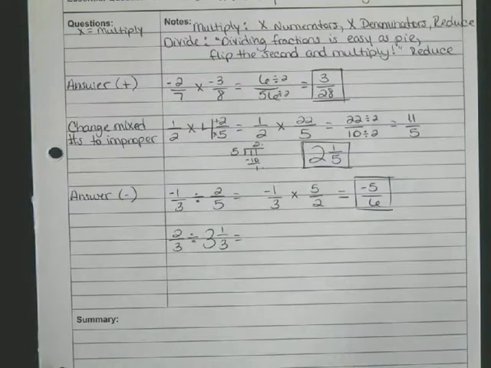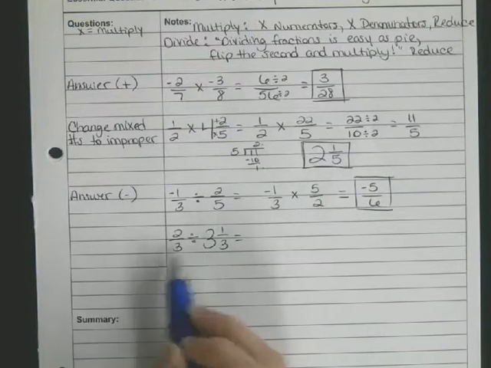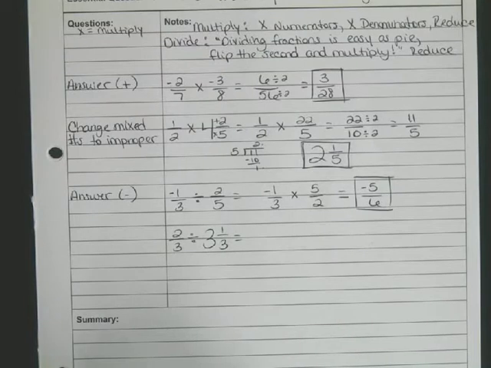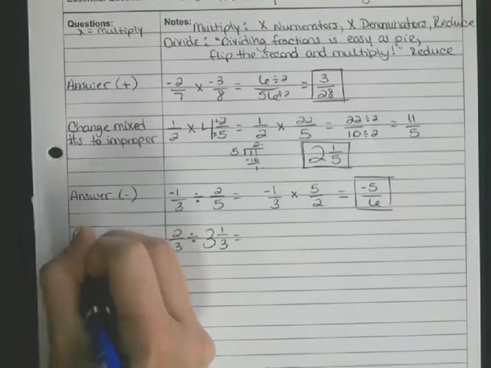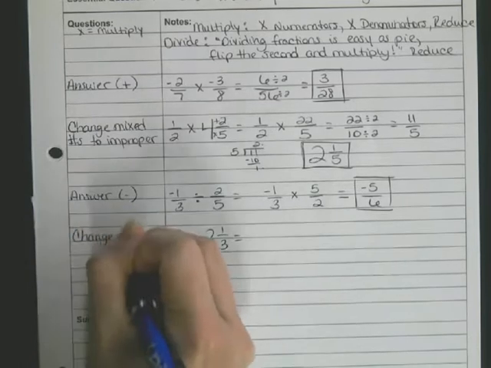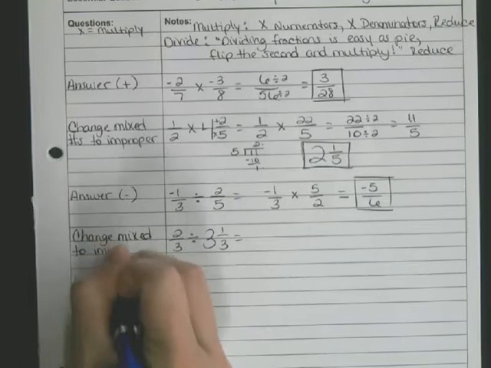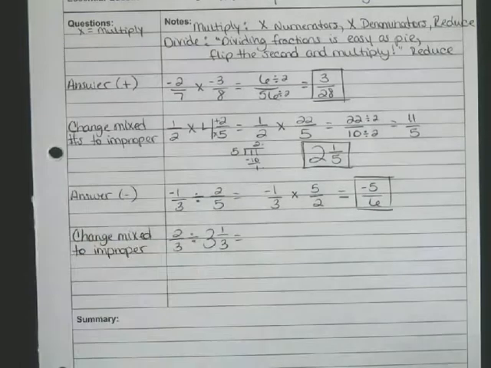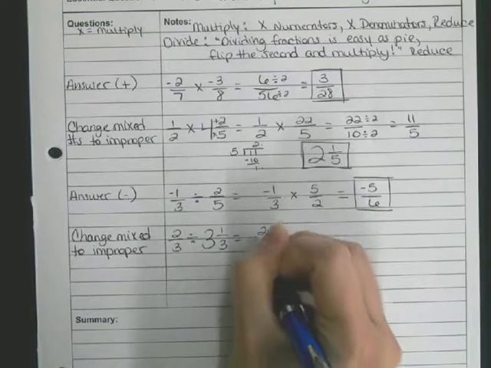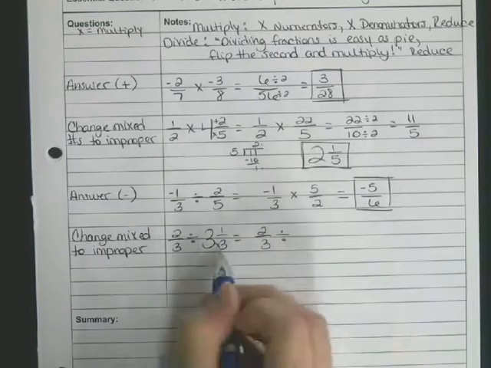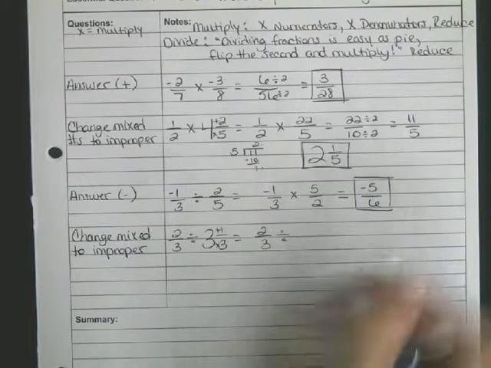Let's do one with a mixed number. So let's say we have 2/3 divided by 3 1/3. Again, I want to change mixed to improper. So I will have 2/3 divided by, so I'm going to do 3 times 3 is 9, plus 1 is 10.